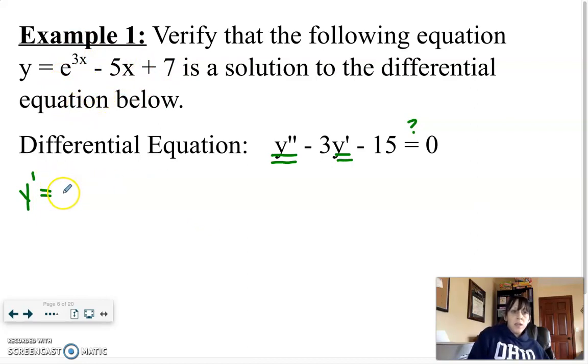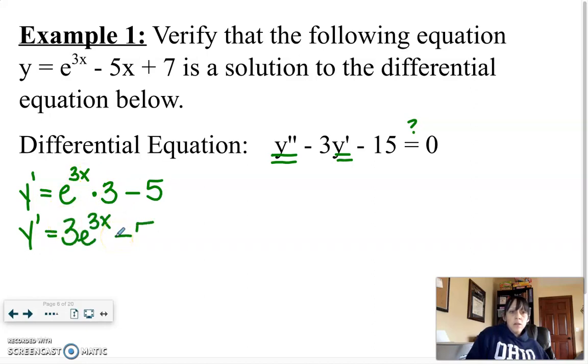The derivative of e to the 3x is e to the 3x, and that actually does have a baby, so times the derivative of baby would be times 3. And then the derivative of negative 5x would just be negative 5. I'm going to clean that up a little bit and write it as 3e to the 3x minus 5.